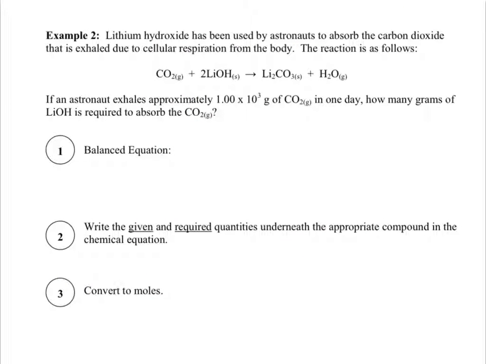Now let's try an example where we're dealing with mass. So here we've got a reaction and it's balanced for us, so we're just going to rewrite the balanced chemical equation.